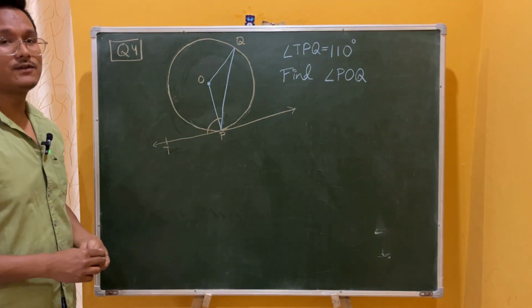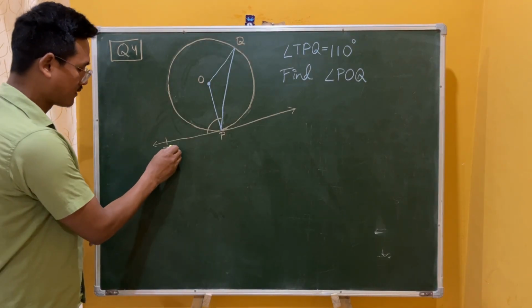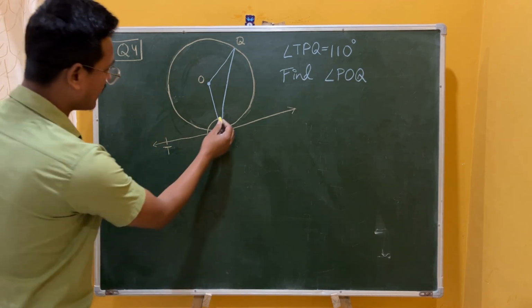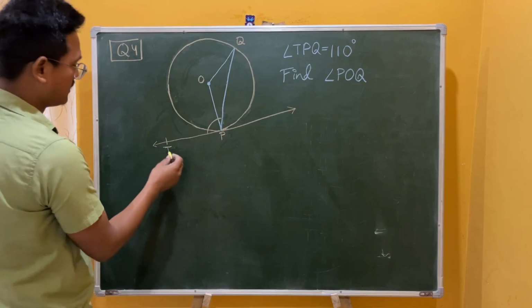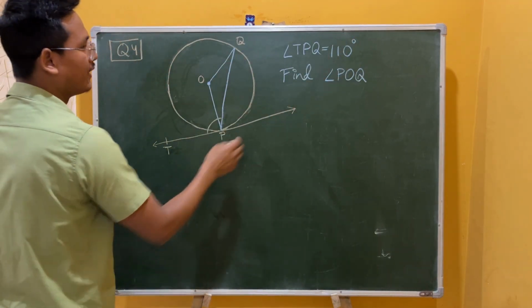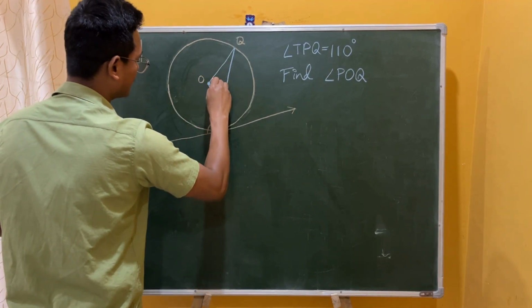All right, let us solve question number 4 from the chapter circles. As you can see in the figure, this entire angle TPQ is 110 degrees. You'll have to find POQ.